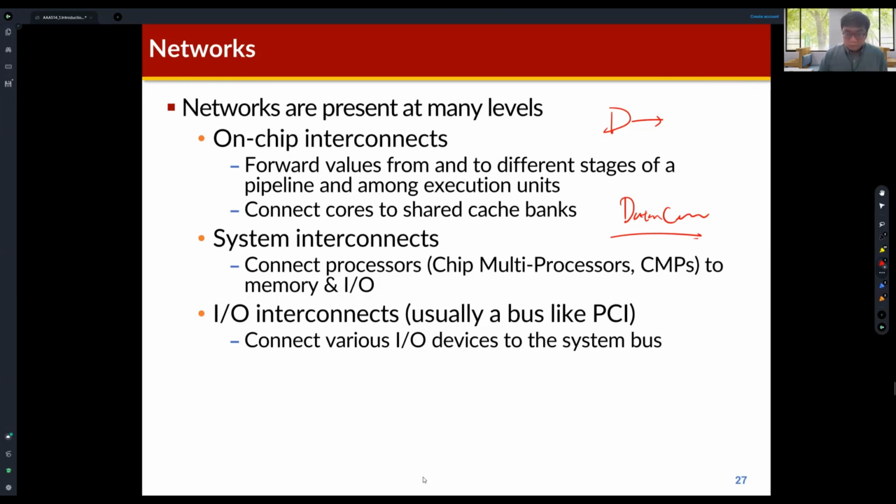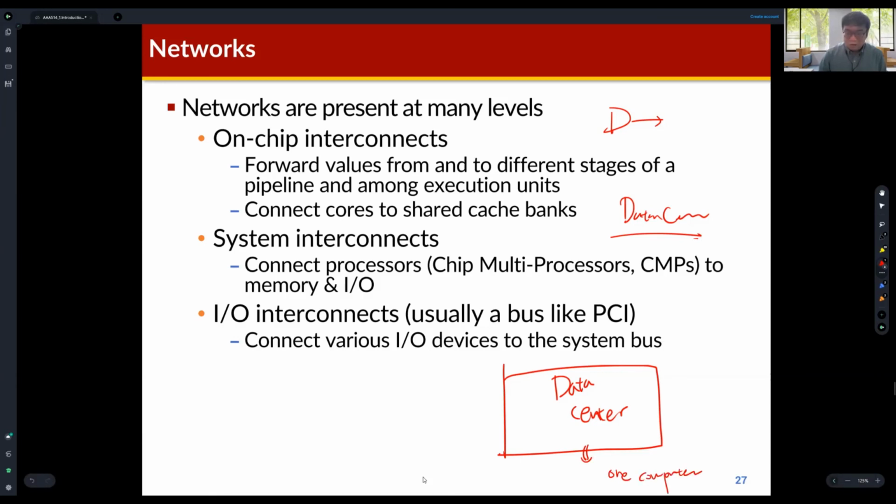What is a data center? I also explained about the illusion of the programmers, but another illusion of a user is cloud computing. It's a data center. The illusion of a user for this data center is that the data center is one computer, and users are using this very large one computer system.